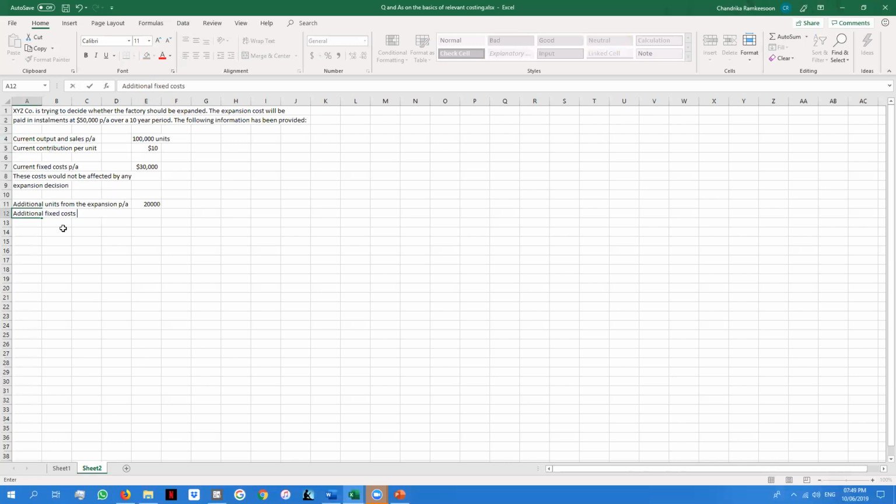Now, on the other hand, the additional fixed costs, as I just explained, will be relevant. Future, affected by the decision, cash flow. So additional fixed costs per annum will be $10,000.